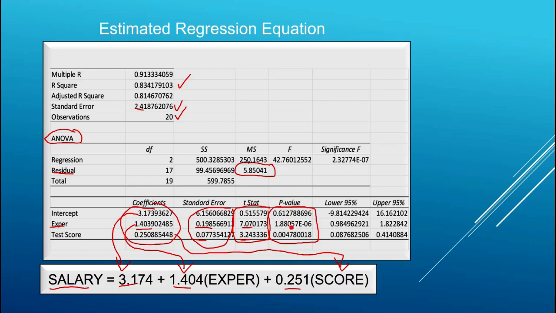You can see that the p-values on experience and test score are very, very small. In fact, they're smaller even than 1%. So we can reject the null hypothesis even at a 1% significance level. In other words, if we reject the null hypothesis, we're taking less than a 1% chance that we're concluding we have a significant relationship when we don't. So those are pretty small p-values.